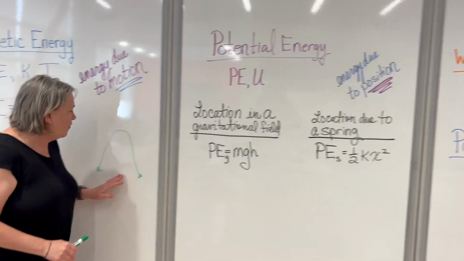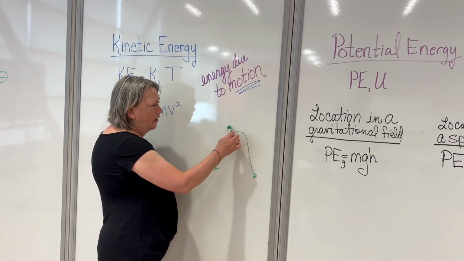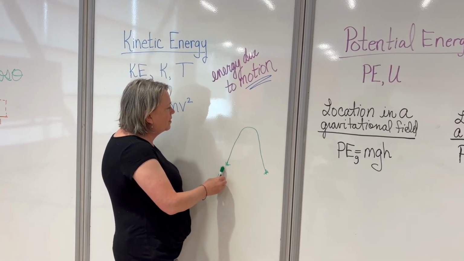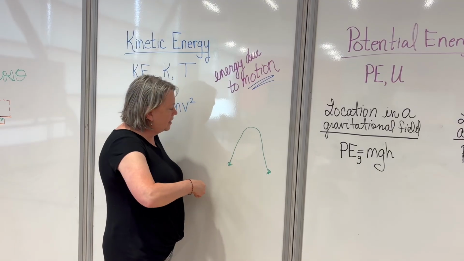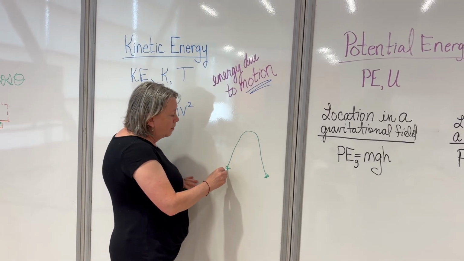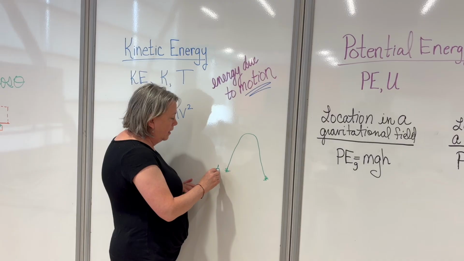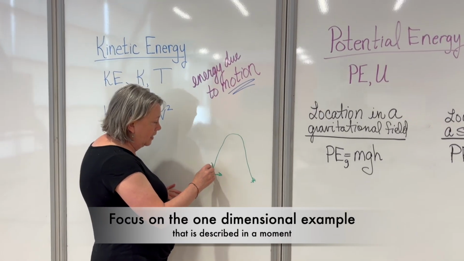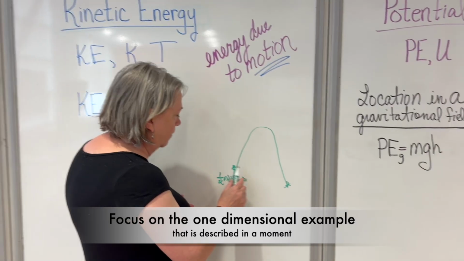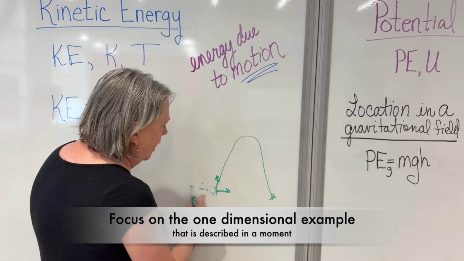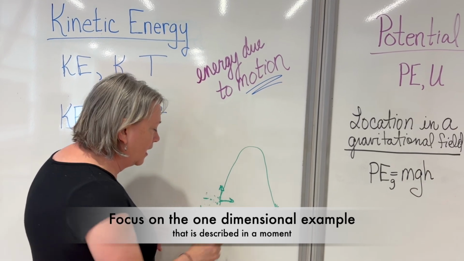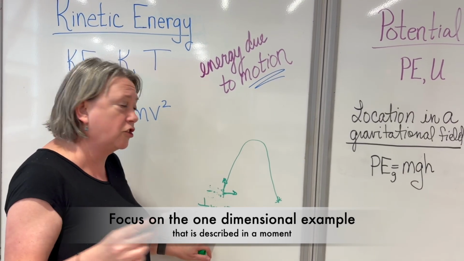So if I want to think about a projectile, maybe I shoot it with a t-shirt cannon or something like that, up and it comes down. At the bottom here, if I put my origin right here, my kinetic energy is 1/2 mass velocity squared, and that's the speed with which I shot it.